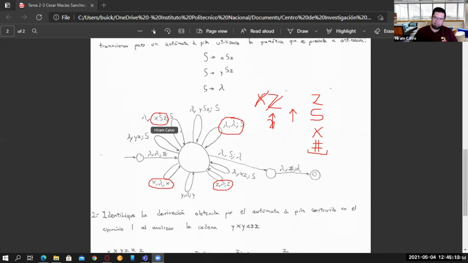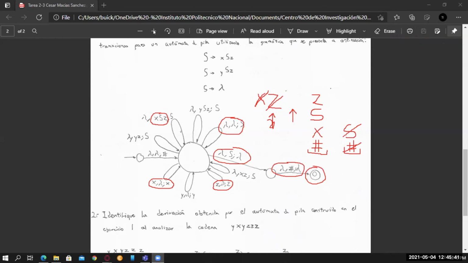So our stack will change into s. And now we are able to follow this arc here, just taking out the s from the stack, and finally take out the hash from the stack, leading us to an accept state, right? Okay, right. So I think this way it's a bit clearer. Yes. Okay, so now you can stop sharing. Thank you.